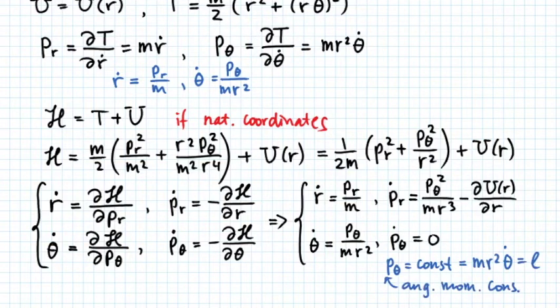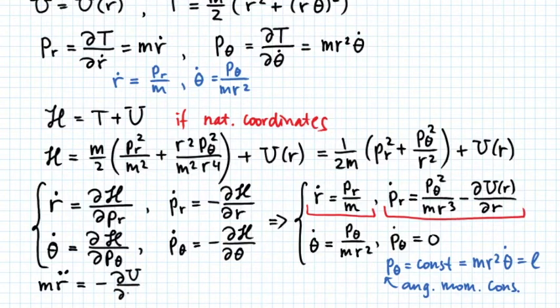Now we can combine these two equations, and we find that m r double dot is given by minus the partial derivative of U with respect to r plus, and here we will use the angular momentum value L and rewrite it as L squared divided by m r to the power 3.